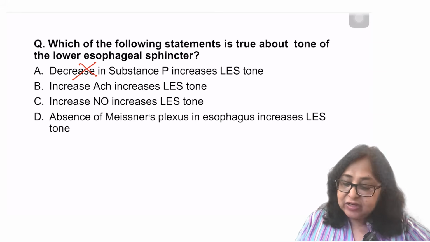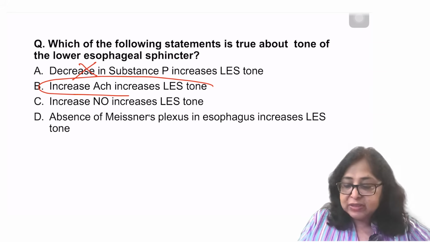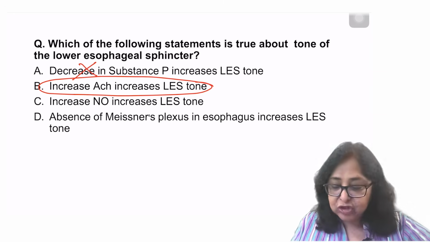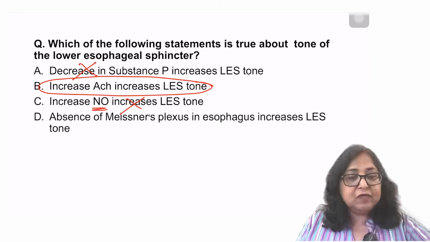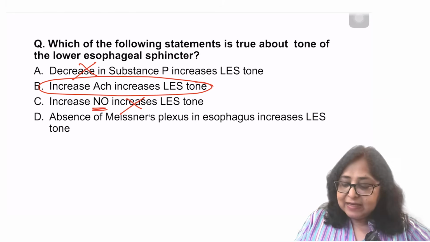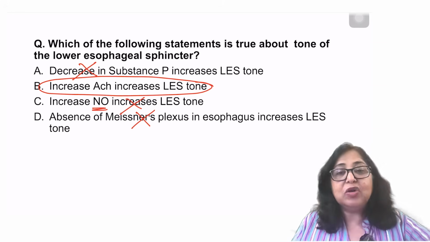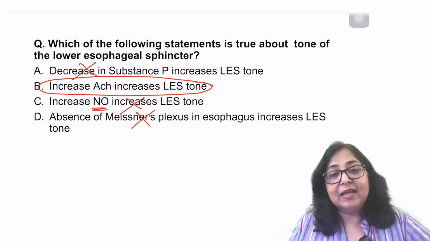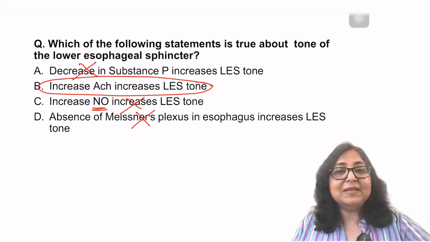Increased ACh increases LES tone, that is true, because acetylcholine will also cause a smooth muscle contraction. Nitric oxide is a smooth muscle relaxant. So this is false. Meissner's plexus, it is a myenteric plexus which is involved in motility and smooth muscle contraction. So the answer to this becomes B.